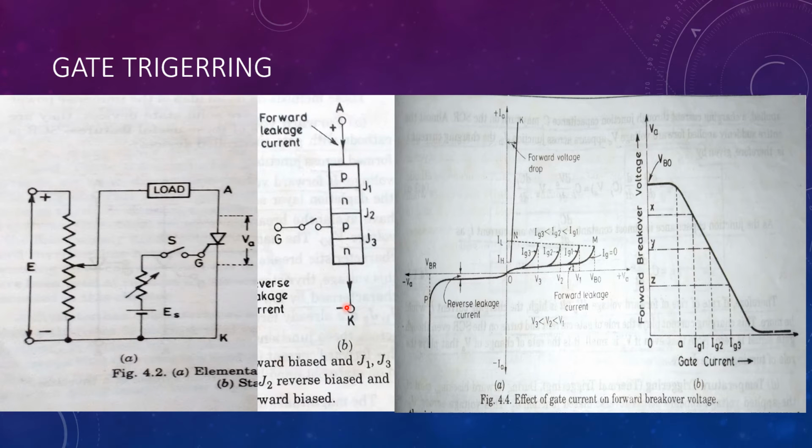Once the SCR turns on, gate current is not necessary in order to maintain the SCR in on condition. We can remove the gate current. Higher the value of gate current, lower is the value of the voltage at which the SCR is turned on.